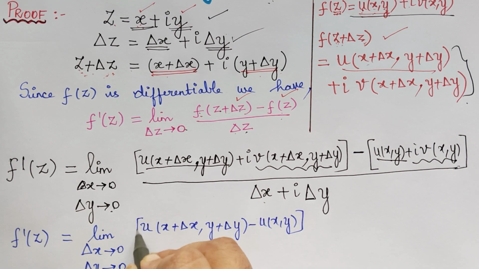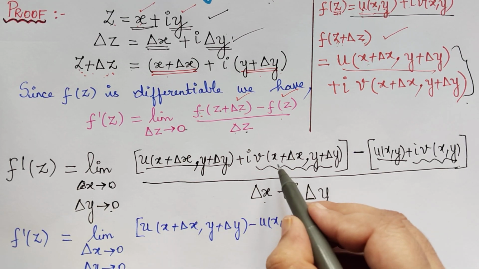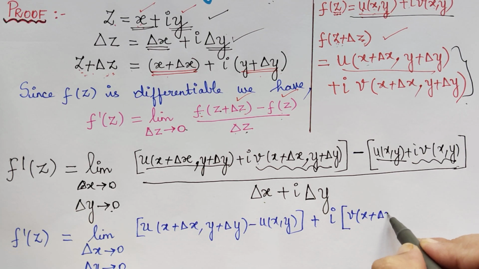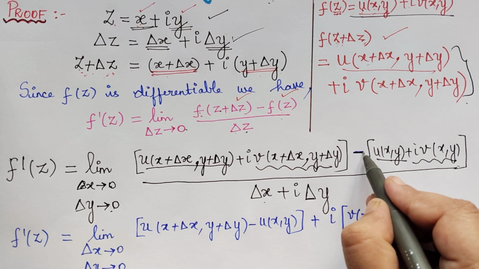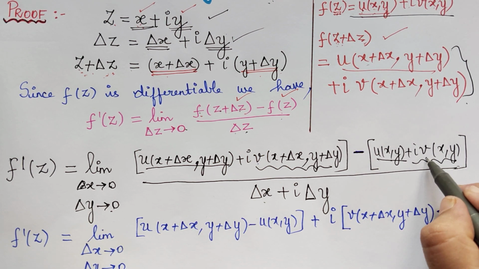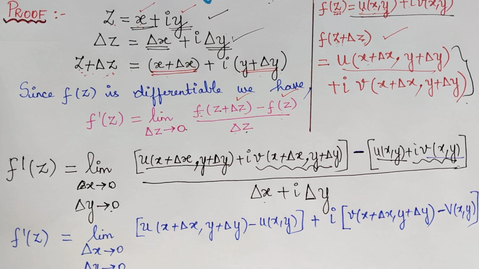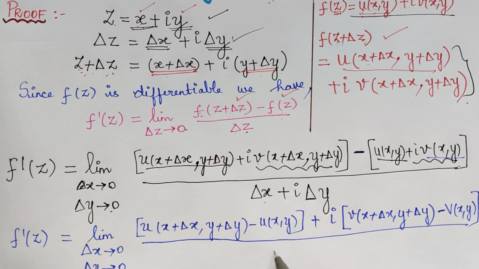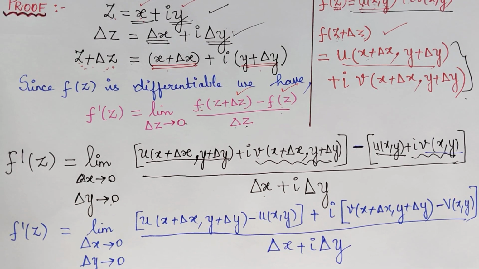So this is the real part plus i multiplied with the imaginary part we will write. Imaginary part is v of x plus delta x, comma, y plus delta y. And then we have a minus here. So minus this one, v of x comma y. So real part and imaginary part have been separated. The whole divided by, in the denominator, we will write it as it is, delta x plus i delta y. So this is what we obtain.